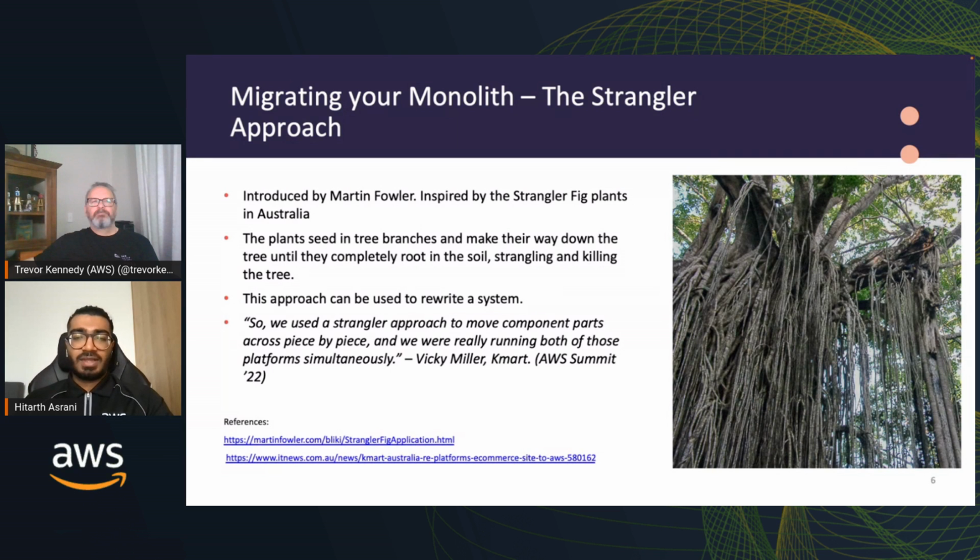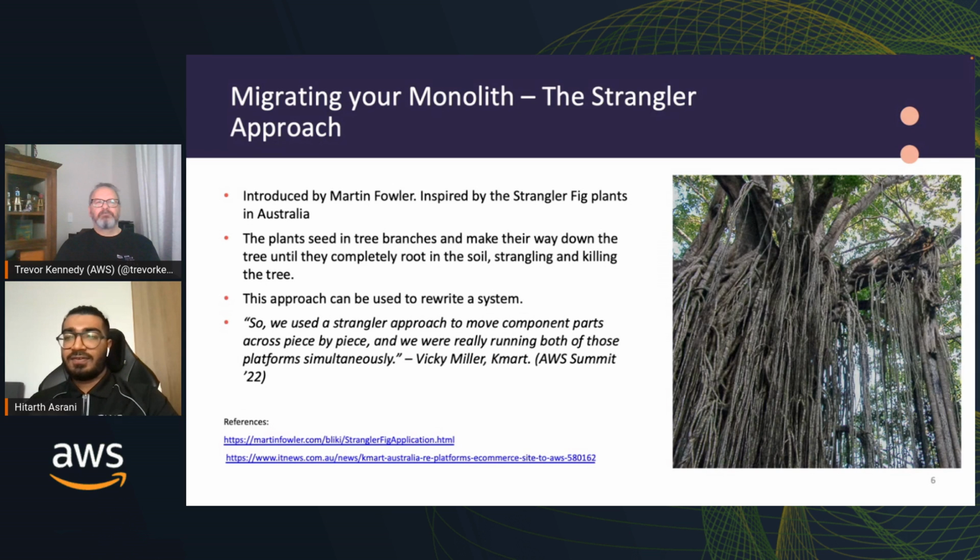I personally haven't done any migrations around this yet, but I have been looking at this space for quite a while. Earlier this year at the AWS Summit, if you watched the keynote, we had Vicky Miller from Kmart, who spoke about Kmart Australia's migration.